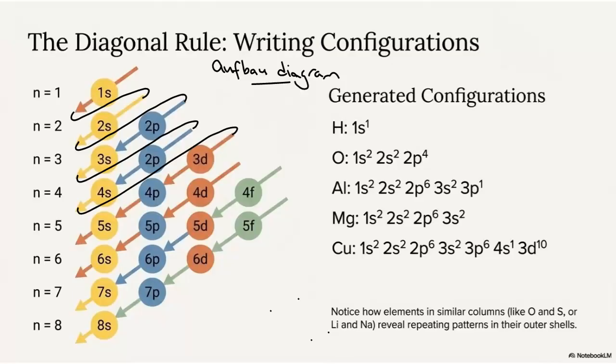So 1s is followed by the 2s, 2s is followed by the 2p, and then the 3s. Then this should be 3p here. So 3p, 4s, 3d, 4p, 5s, 4d, 5p, 6s, and so on. So this diagram gives you the sequence you need to use to generate what we're going to call electronic configuration.